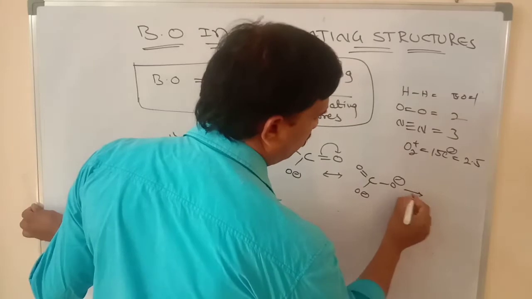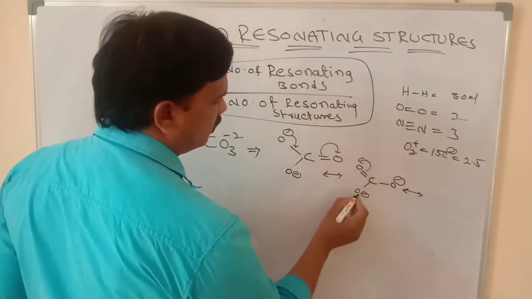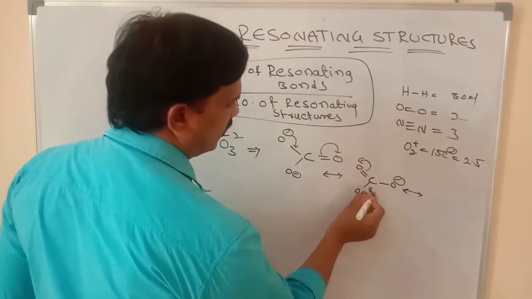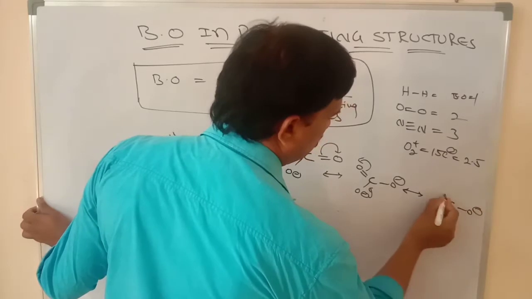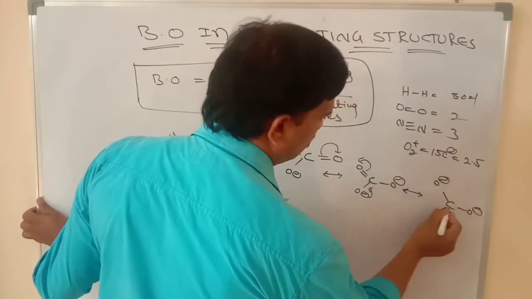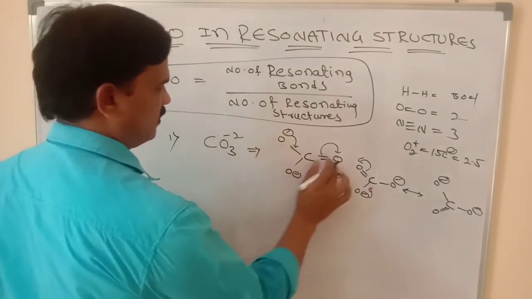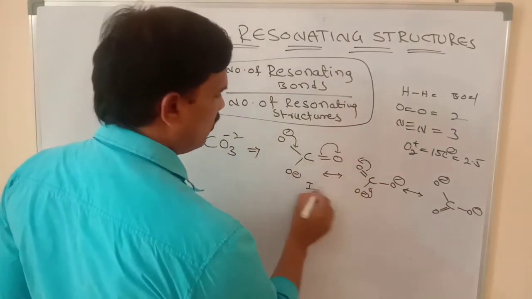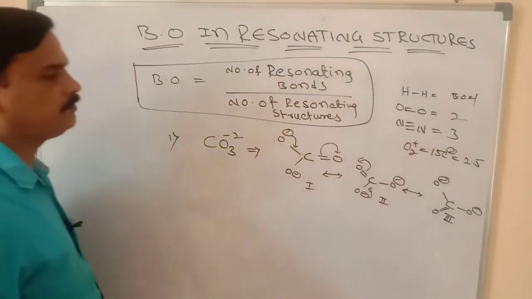And one more structure is also possible. If the bond moves to this side, now this oxygen is O minus, this is also O minus, and this one gets the double bond. This means all three oxygens are in resonance nature, so we get 3 resonating structures.